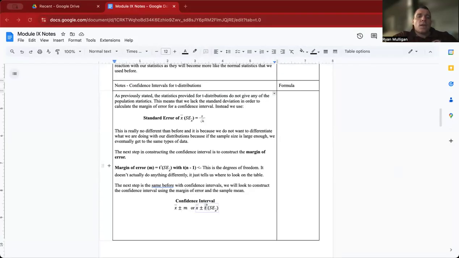2.145. Again, that value was found using both the degrees of freedom and the fact that I'm using a 95% confidence interval. If, for example, I was using a 90% confidence interval, I would go down here to the 90, then go up to 14 degrees of freedom, 1.761.